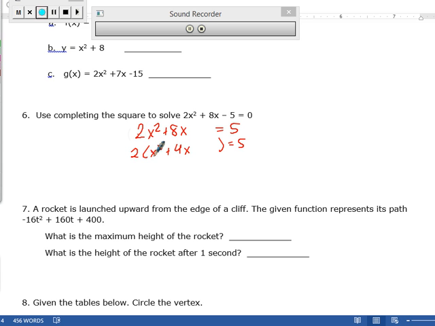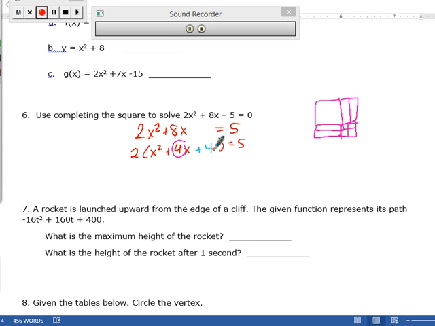So 2 divided by 2 is 1. 8 divided by 2 is 4. Now I'm going to take half of 4 and square it. So remember, I have x squared. I have 4 x's. And then I've got 4 that are going to complete the square. So 2 and 2, 2 on each side. And that gave me 4.